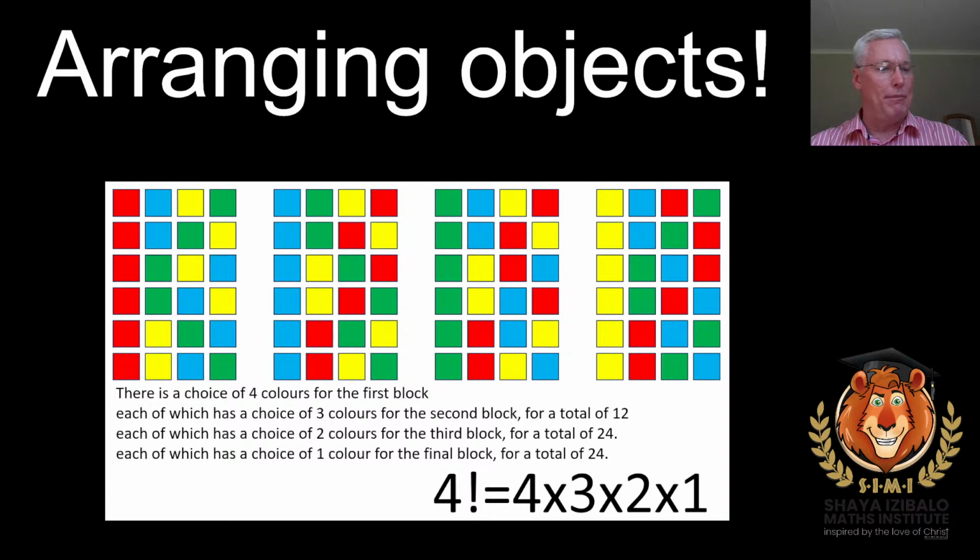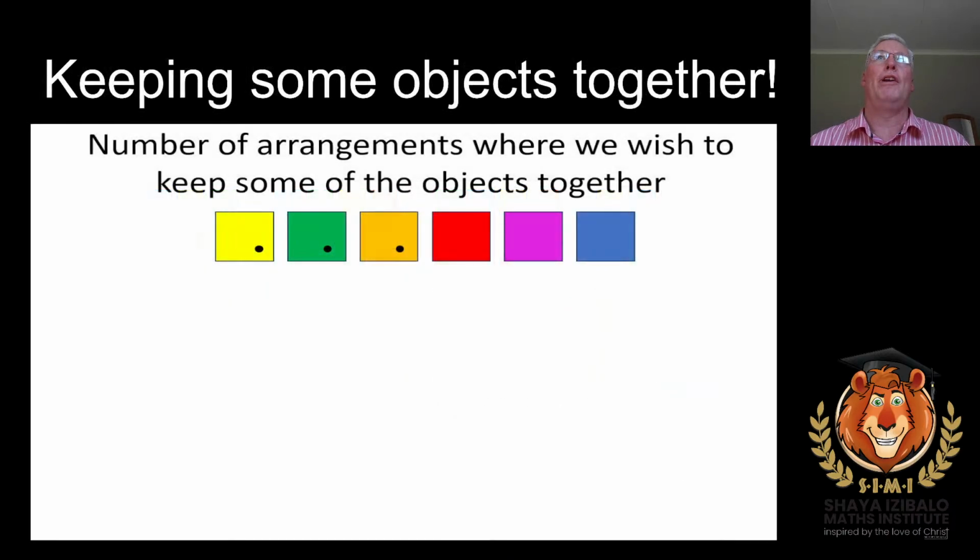The next thing is sometimes we want to keep objects together. Here there are 6 different blocks, and 3 of them have got dots on for whatever reason. I want to know how many ways can I group these things, but I want the ones with dots to stay together. This could be a group of friends going to a movie.